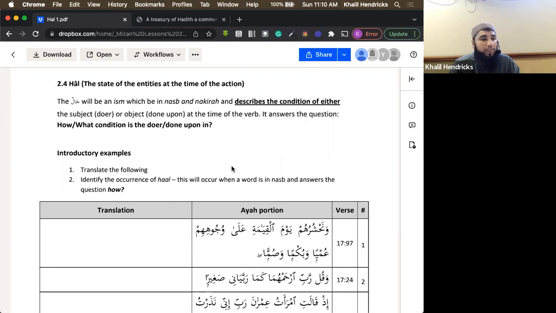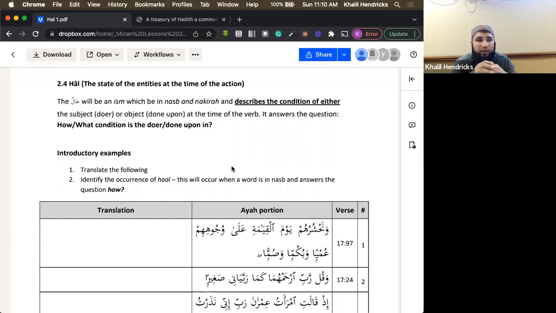So hal. What is this? In some way, it is equivalent to the adverb of manner. What does it speak about?